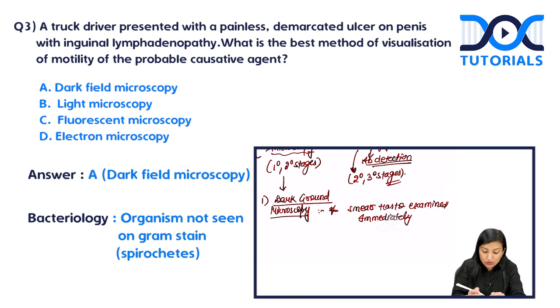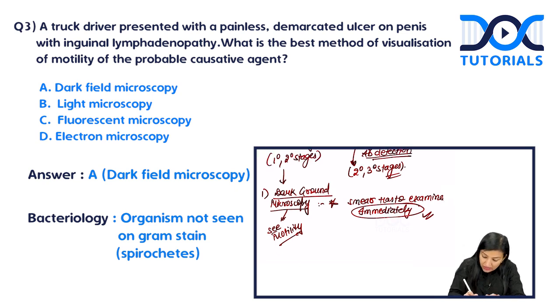What we are on the lookout for when we use dark ground microscopy to visualize the sample of the patient is the motility. So you have to see the smear which you have made from the specimen immediately to comment on the motility, right? This is one problem.